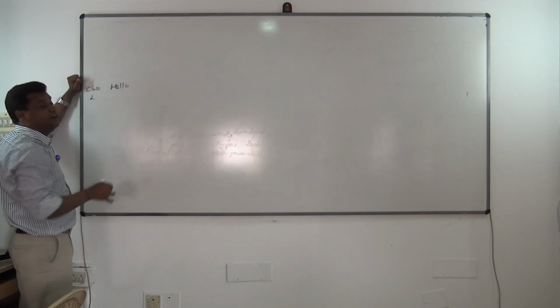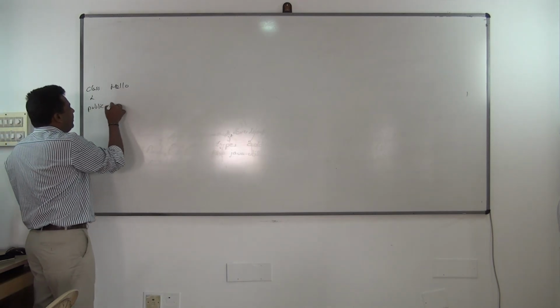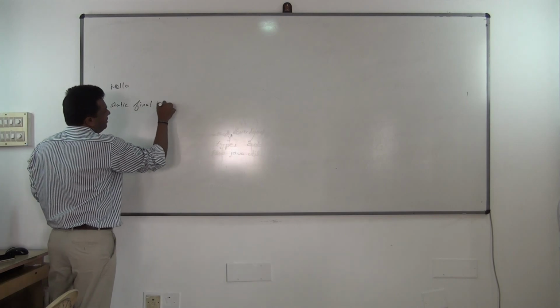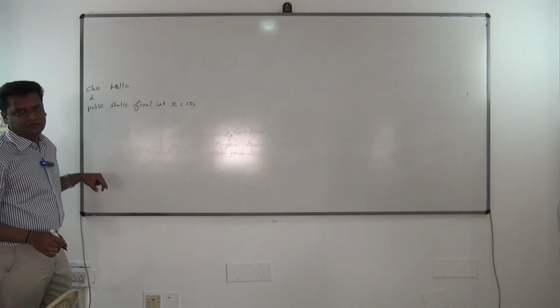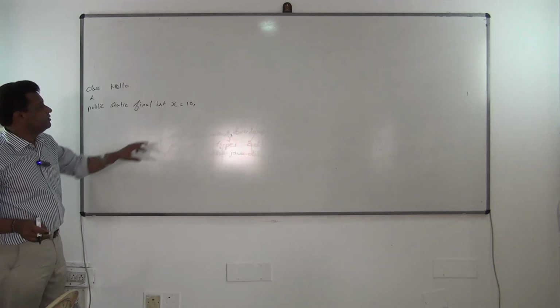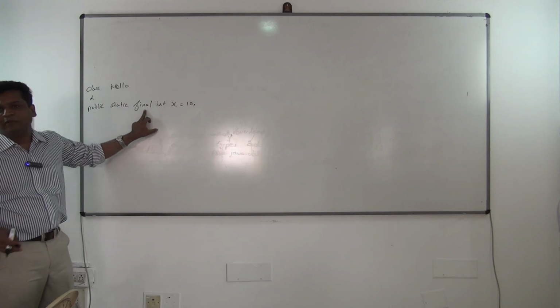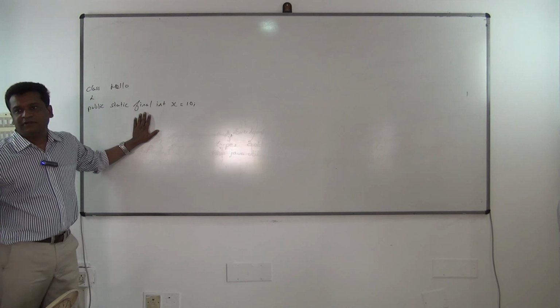I want to define some int constants, integer constants. So I will write public static final int x is equal to 10. This is how you define constants. It is of type int, then it is final. Why did I make it final? Nobody should be able to change the value, because once it is initialized, it is done.